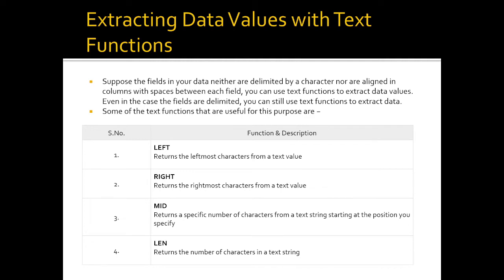Some of the text functions that are useful for this purpose are the left function, which returns the leftmost characters from a text value. We have the right function that returns the rightmost characters from a text value. We have the mid function that returns a specific number of characters from a text string starting at the position you specify. And then we have len that returns the number of characters in a text string.